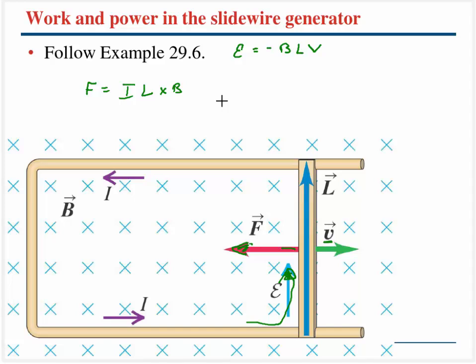So all these guys are kind of intermingled here, where the faster the rod goes, the larger the induced EMF, which is going to be a larger current that's introduced, and also a larger backwards force, which is opposing the motion in this slide wire generator.